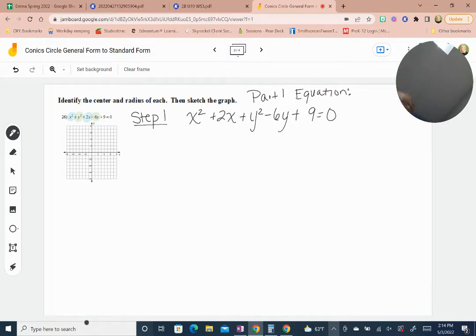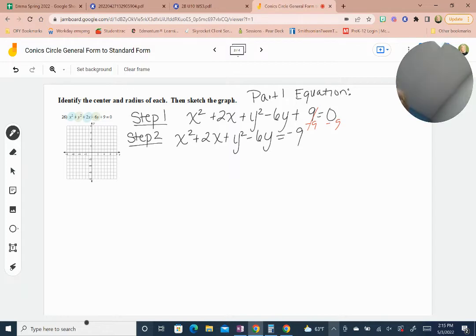And then the next step, step two, is we're going to get rid of our constant. I'm going to subtract 9 from both sides. So it would have looked something like this. That got canceled out. Great.